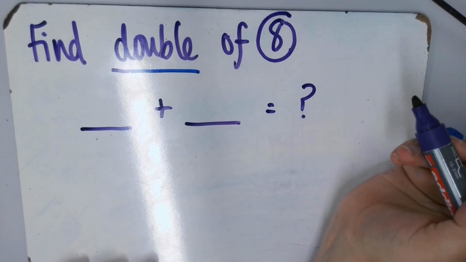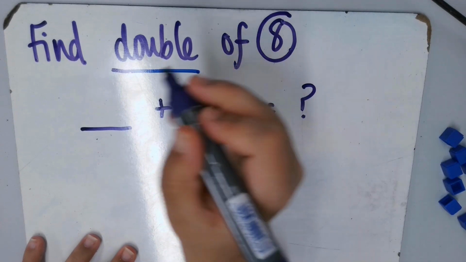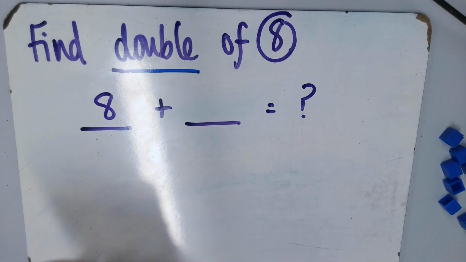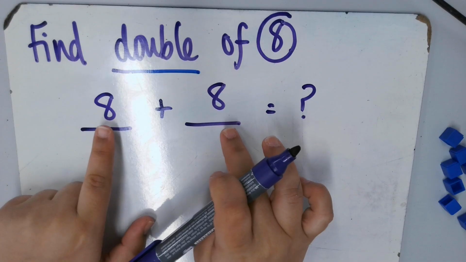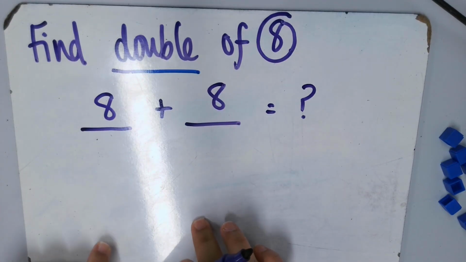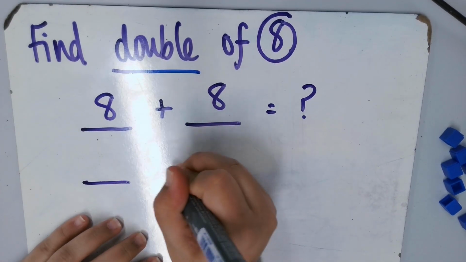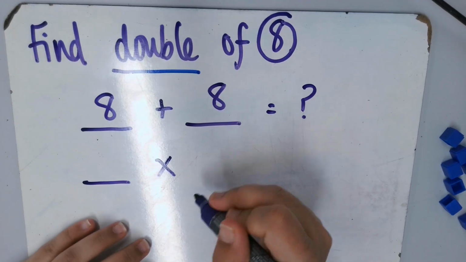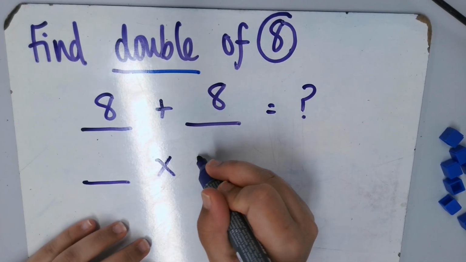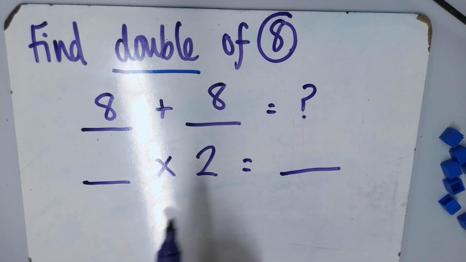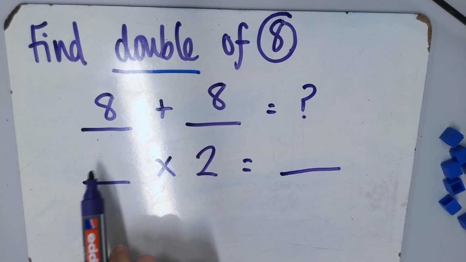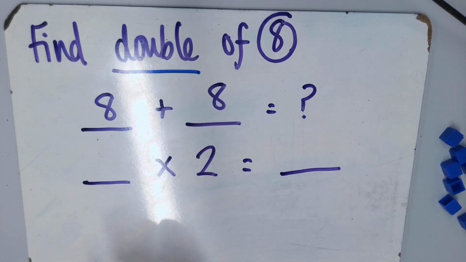If I want to find double of 8, that's the same as me doing 8 add 8. Same number 2 times. If I want to put that into a multiplication equation, we already know that doubling always means times 2 or multiplied by 2. So, what number am I multiplying by 2?